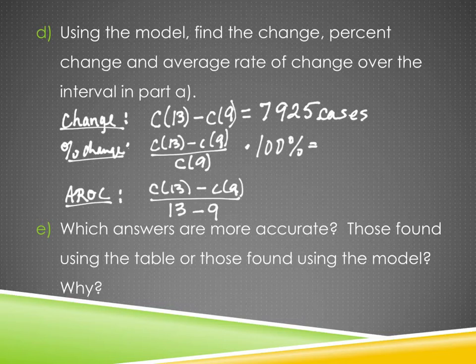Okay, let's go back to your calculator then. In your calculator right now, it already says 7,925.413906, and it keeps going probably right after that. Numbers of cases. We know that it should be rounded to a whole number if we're reporting it.